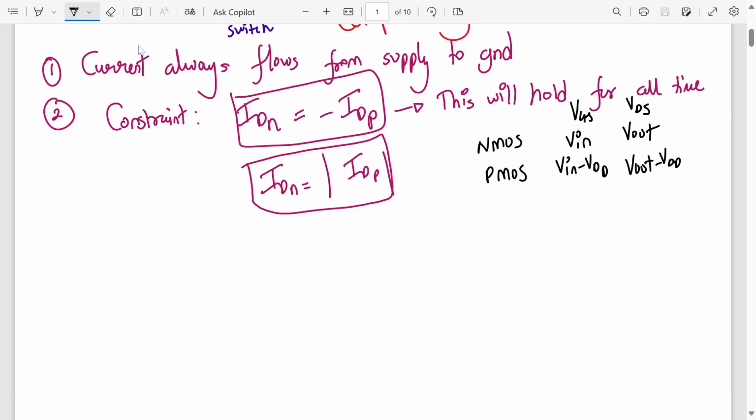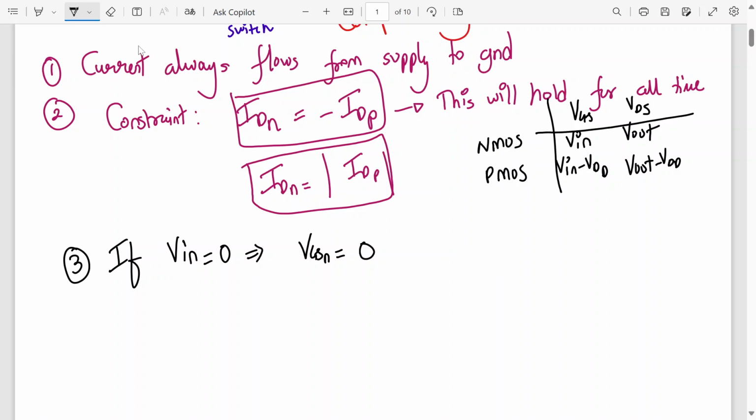So that is the answer to your question. Next point, if Vin is 0, what is my VGSN according to this table? 0. As VGS is less than VTON, right? VTON is the threshold voltage for NMOS device.